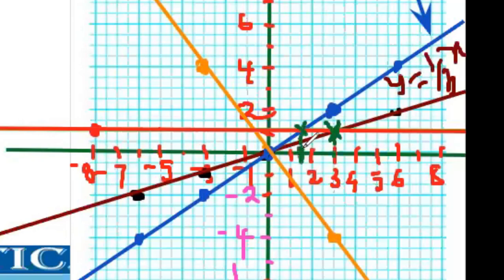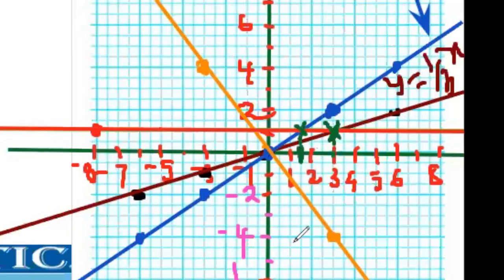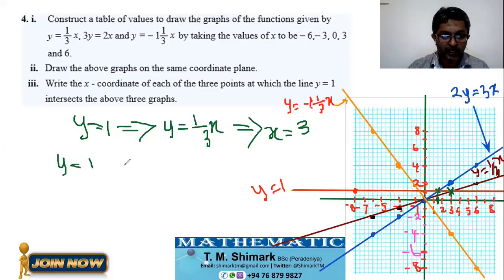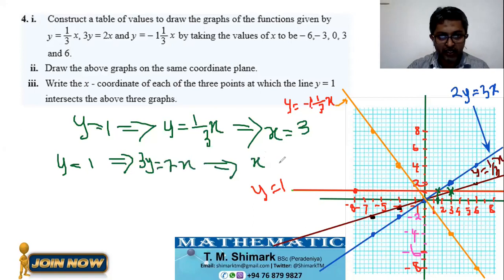That means how much is it? With y equals 1 in 3y equals 2x, the x point is going to be 1.5.